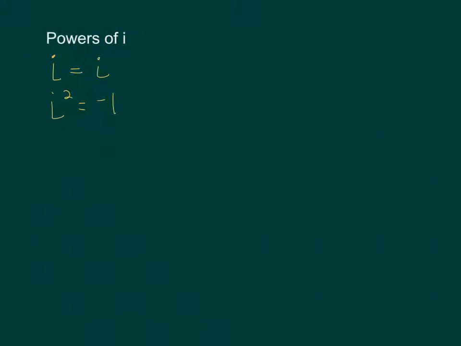Those two we have by the definition. i cubed, if we think about it, is i squared times i, which is negative 1 times i, or negative i. And i to the fourth is i squared times i squared. Negative 1 times negative 1 will give us 1.